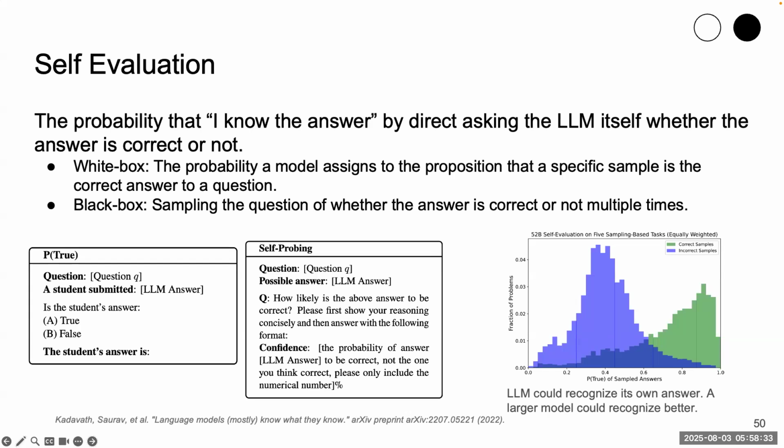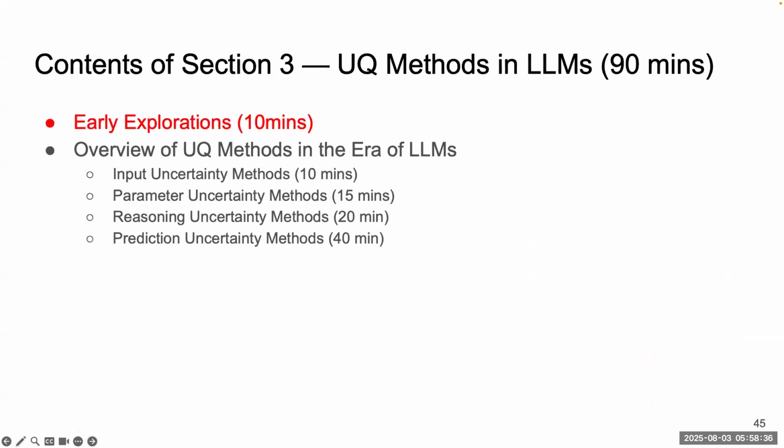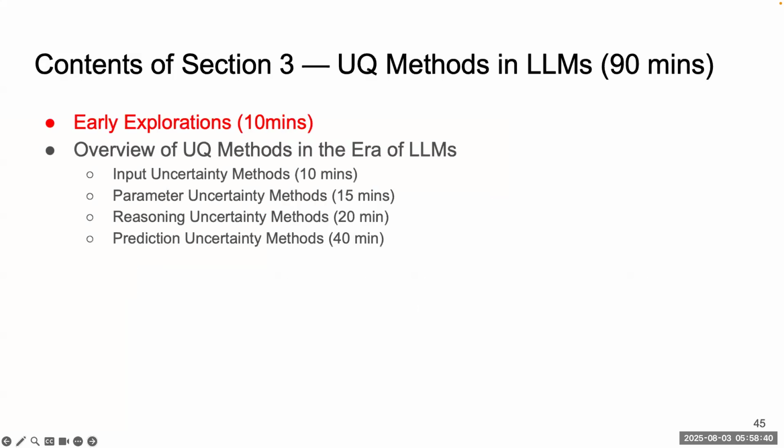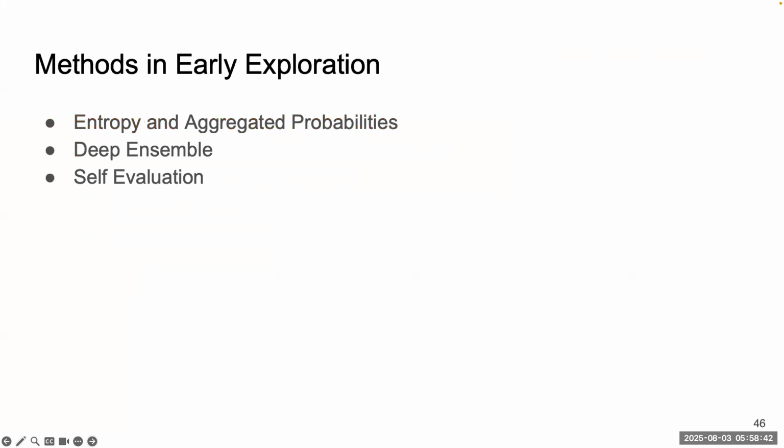All right, so right now we have already touched on section 3, the uncertainty quantification methods. We talked about the very early explorations. You can do aggregated probabilities if you have access to that. You can also do some variances of deep ensemble. And you can also do self-evaluation, asking a language model itself to output a probability, or do it multiple times and generate the output probability.